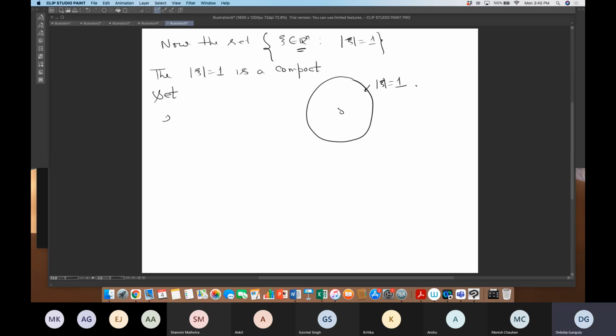Now consider the function f, which we define on the set of ξ in R^n such that |ξ| = 1. What can you say about that function? It is defined on this set, and it's a compact set.